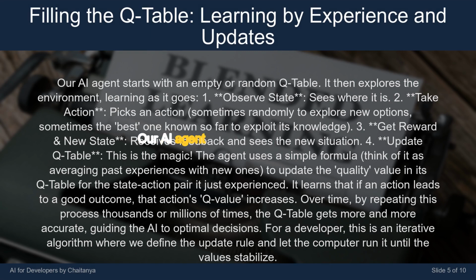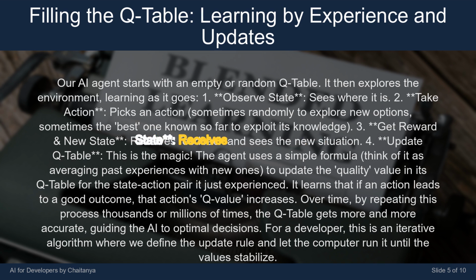Our AI agent starts with an empty or random Q table. It then explores the environment, learning as it goes. 1. Observe state, sees where it is. 2. Take action, picks an action, sometimes randomly to explore new options, sometimes the best one known so far to exploit its knowledge. 3.